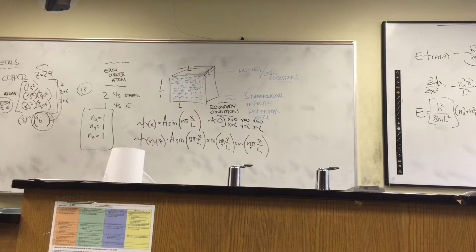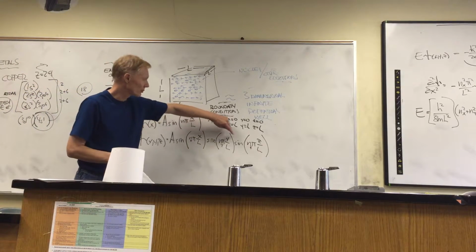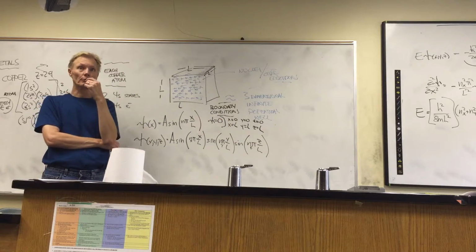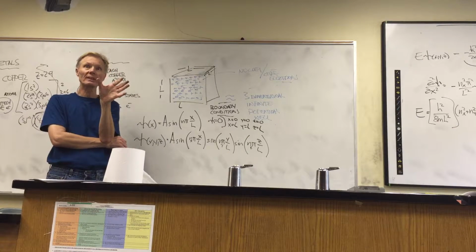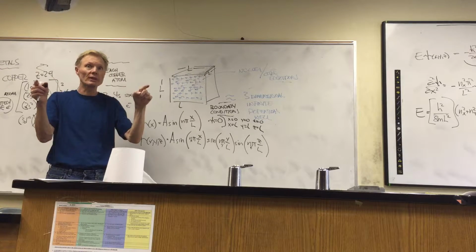Where would the probability be for that electron? These are 3 sine squared functions multiplied by each other. What's that going to do? It's going to place most of the probability in the middle region, right? And it's going to drop off towards the edges.